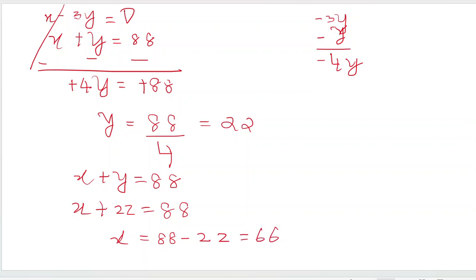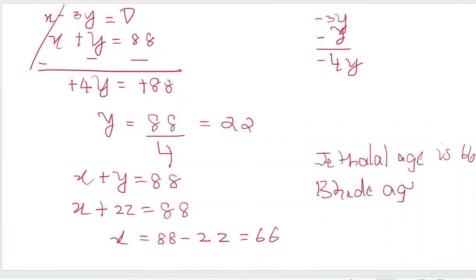That solves the problem. Therefore, Jetalal's age is 66 and Bide's age is 22.